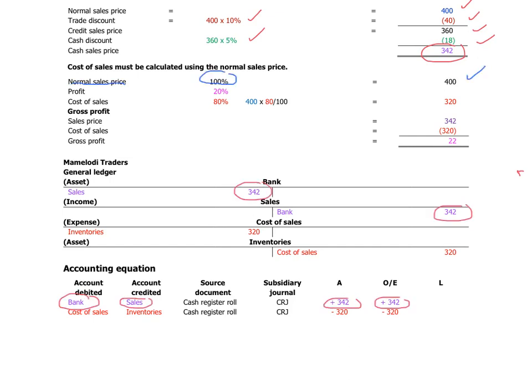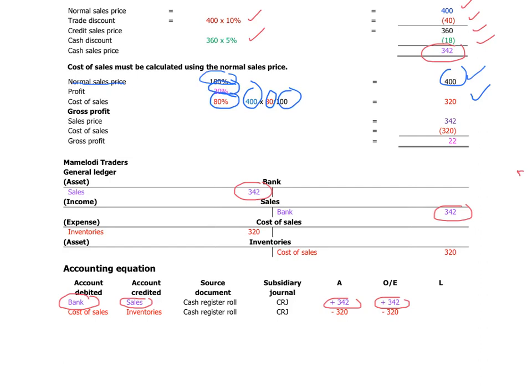A profit of 20% on the sales price was made, so that means the cost price must be less than the sales price, so the cost price will equal 80%. If we want to calculate the cost price, we use the amount given, the 400, and I multiply it with the one that we want to know, that is the 80, divide by the percentage that's known, the 100, and that will give us 320 Rand.